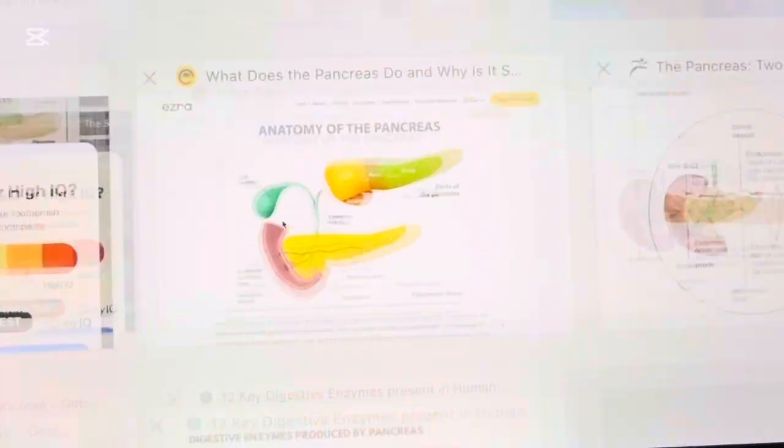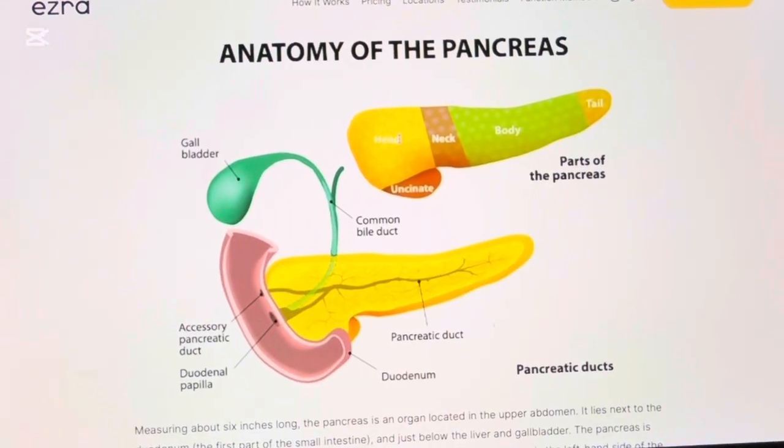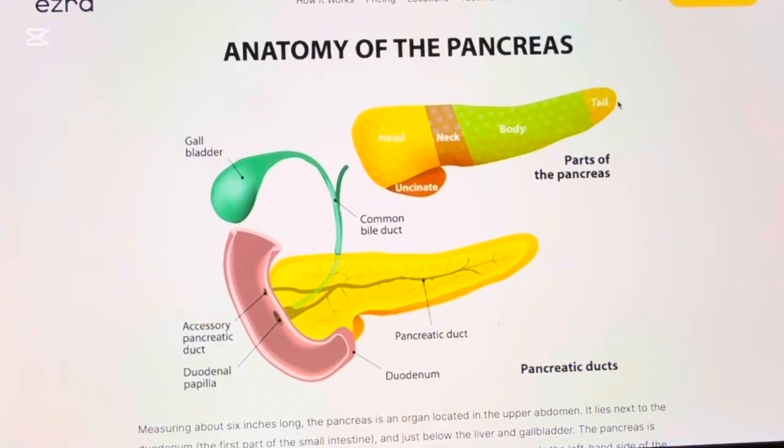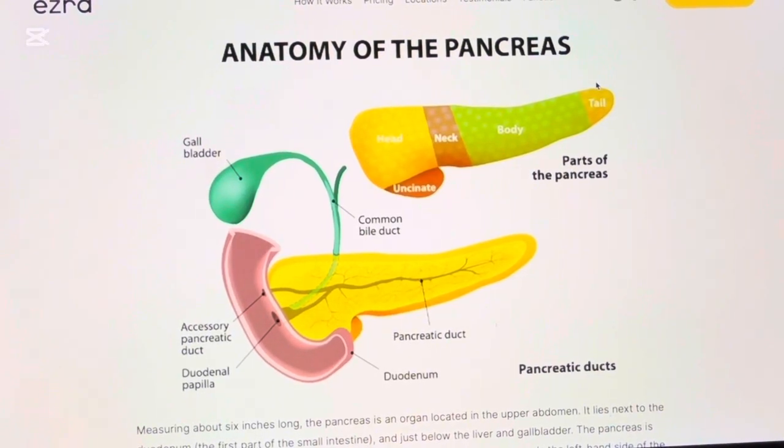So let's get into the anatomy. The pancreas is an elongated organ divided into 4 parts: head, neck, body and tail, and it is retroperitoneal, meaning it is behind the peritoneum. If you have no idea about the peritoneum, you can pause the video and browse it.